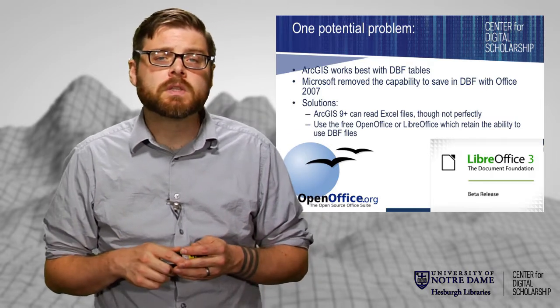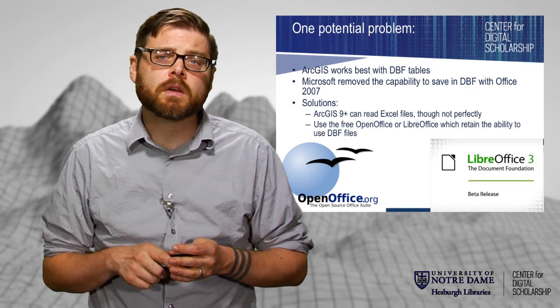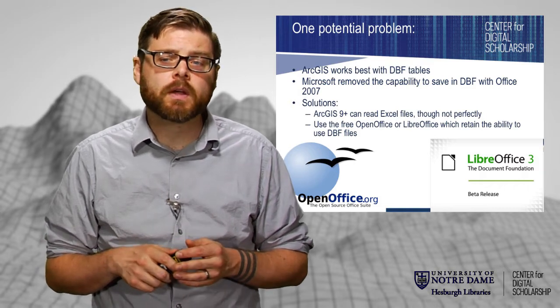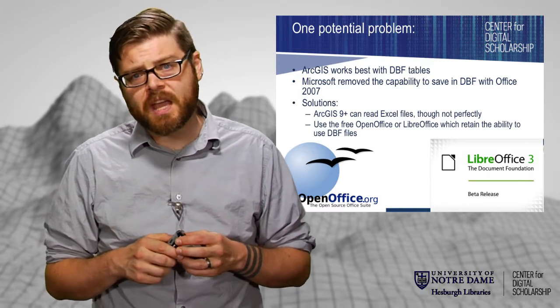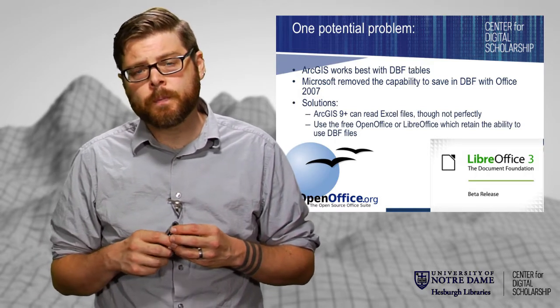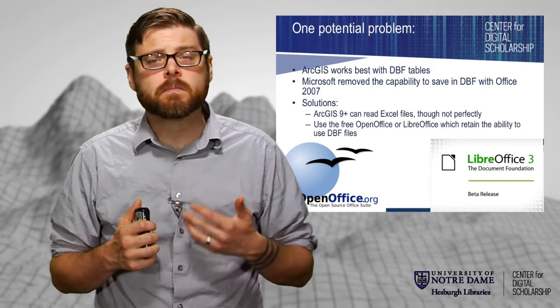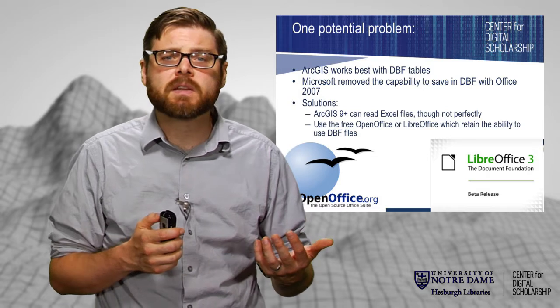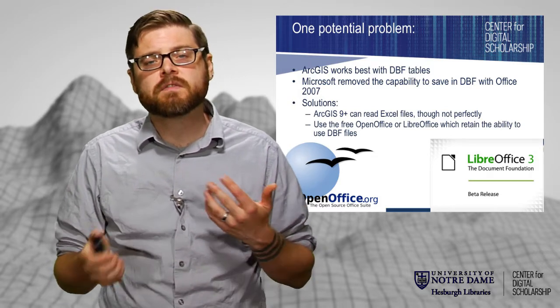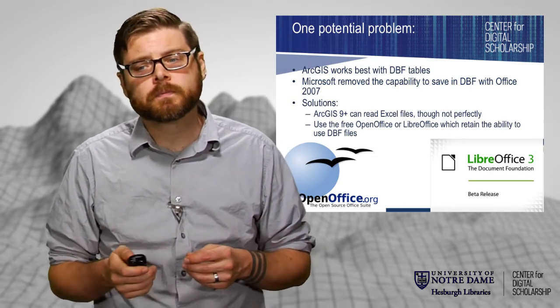Workarounds to this are to use either OpenOffice or LibreOffice or one of the other open source spreadsheet programs. Or the fact that the newer versions of ArcGIS can read Excel files also. They're just not as good at it because there can be some different formatting types. There can be some different things that happen in Excel files that are restricted from happening in the DBF files.